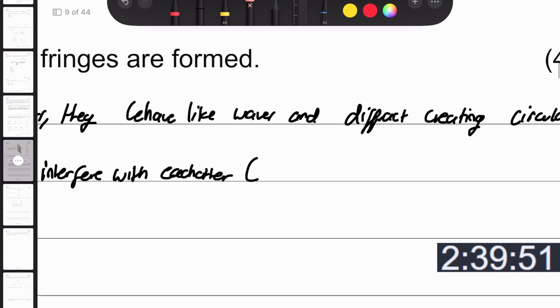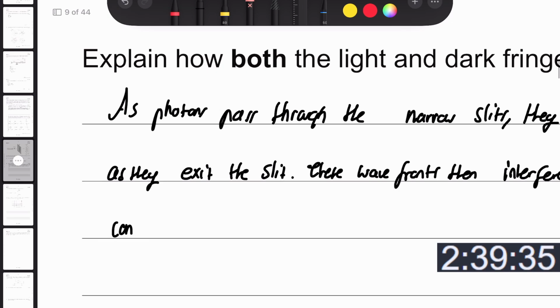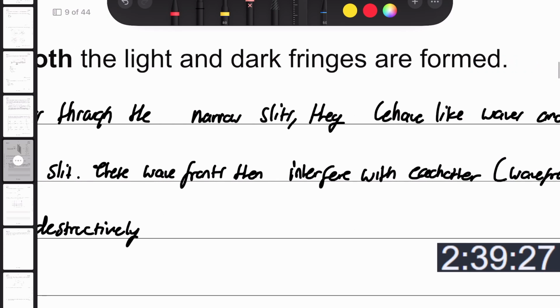Let's put in brackets here, wavefronts from the other slit. And they can constructively or destructively interfere.